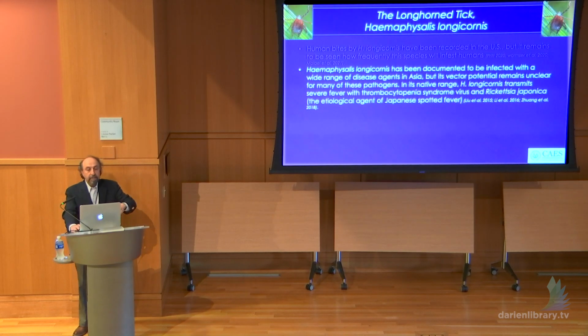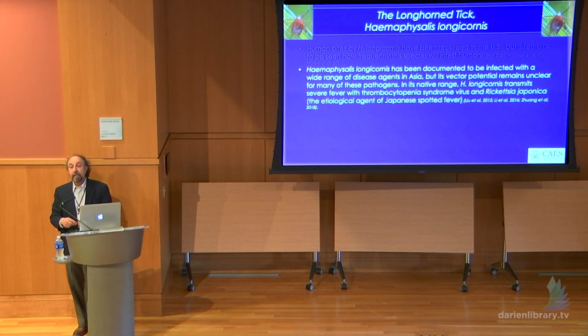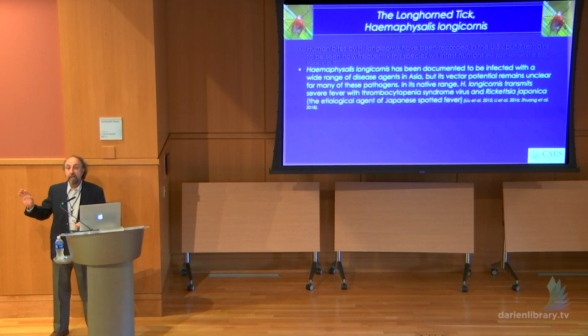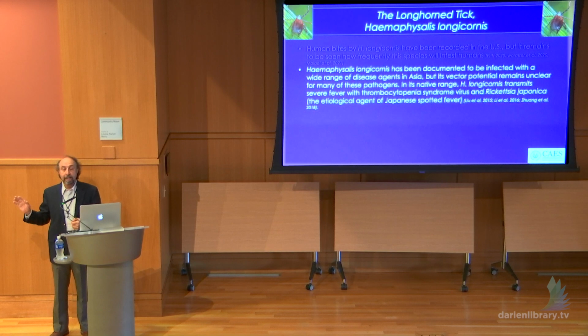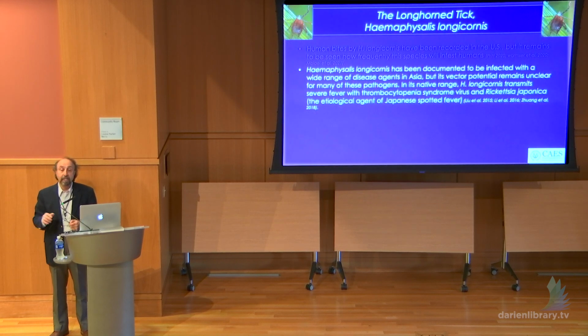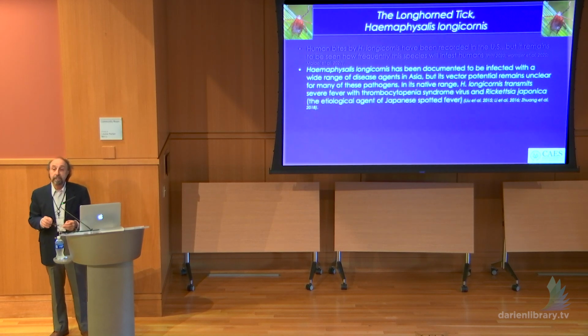This tick species, in its invasive range in Australia, New Zealand, and several Pacific islands, and in its native range in South Asia, China, Japan, South Korea, and other areas, is capable of transmitting at least 30 disease agents.